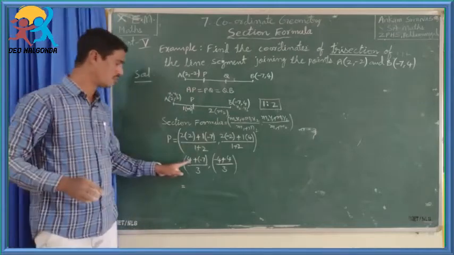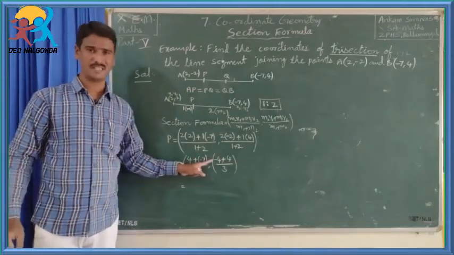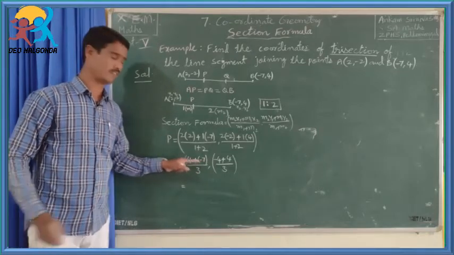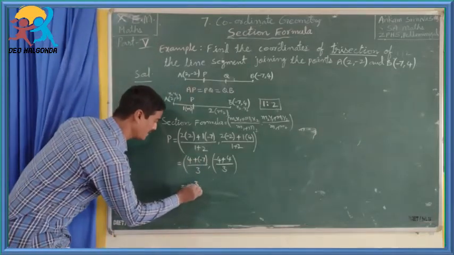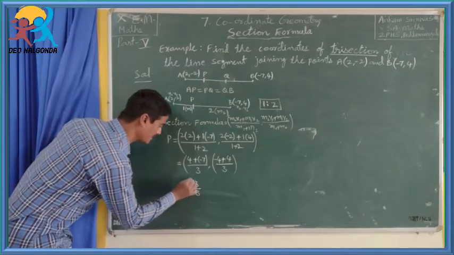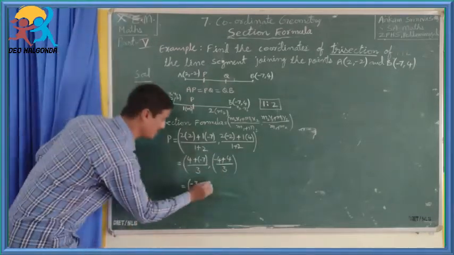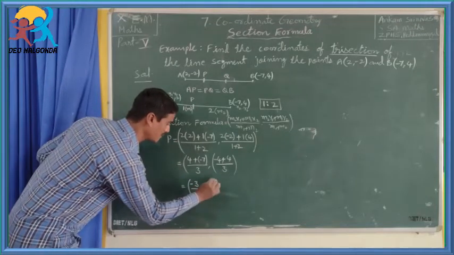So 4 minus 7 is -3, by 3. And here -4 plus 4 is 0, by 3.